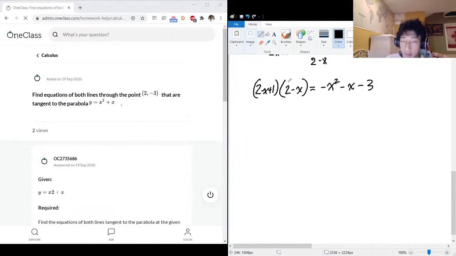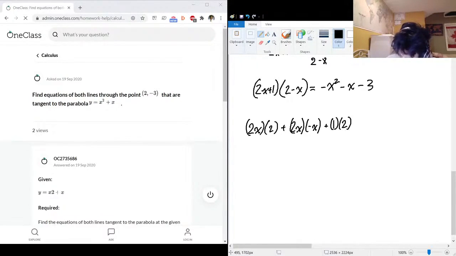Okay, cool. Now let's expand out the left side. So we have 2x times 2, and we've got 2x times minus x, then plus 1 times 2, and then plus 1 times minus x, equals this.